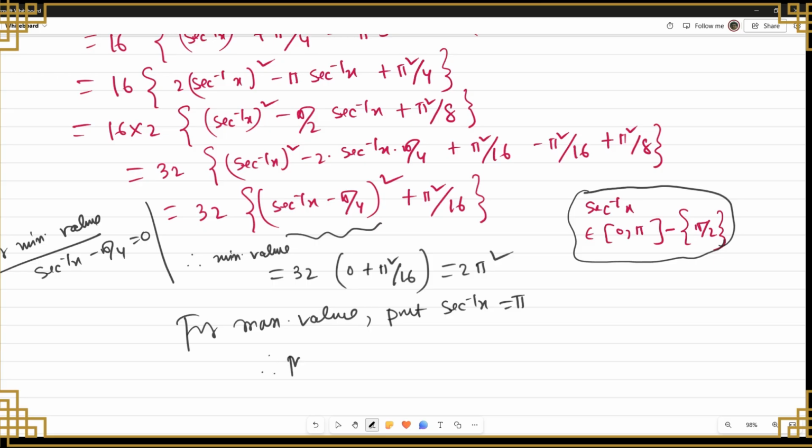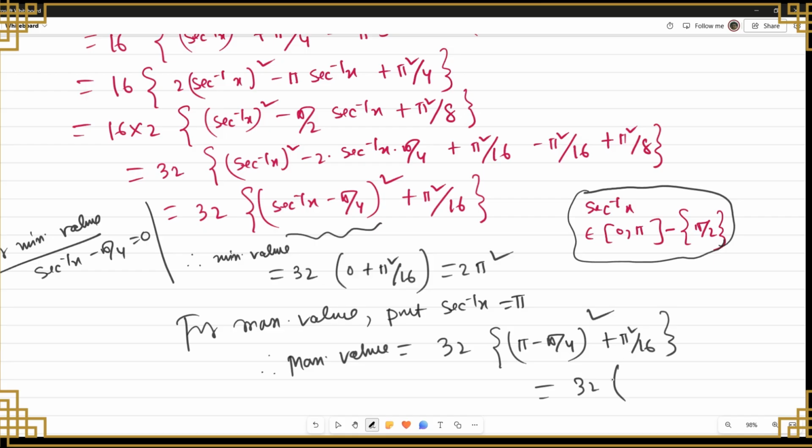So maximum value will be 32 into pi minus pi by 4 whole square. So this is being changed to 3 pi by 4 whole square, 10 pi square by 16.